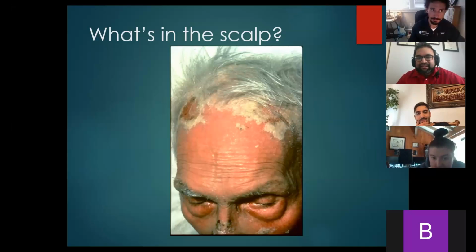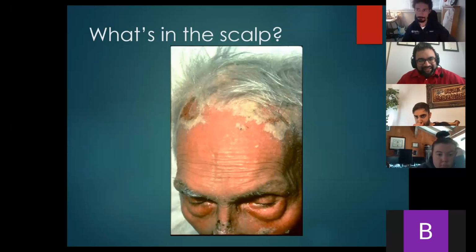So this is on the scalp region. Psoriasis? Psoriasis, okay. Anybody else? It's good to have a differential. Psoriasis was one guess.